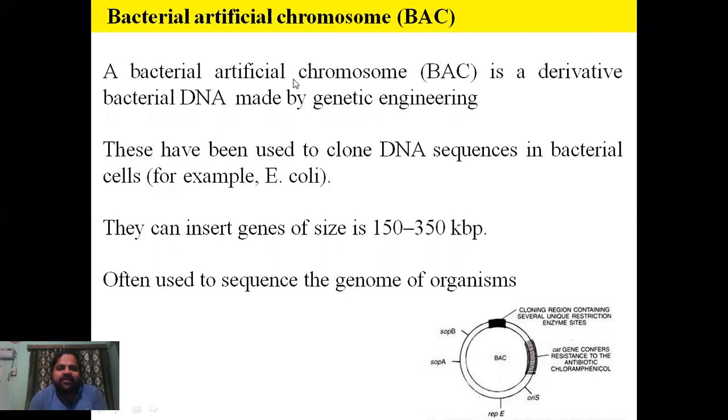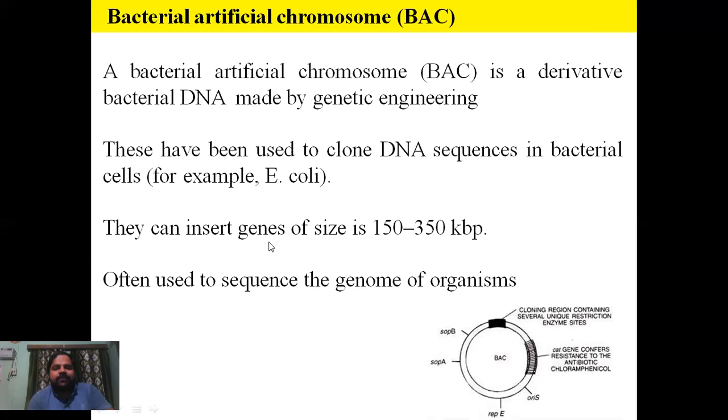Means by utilizing genetic engineering, the scientists have produced this bacterial artificial chromosome, and these have been used to clone DNA sequences in bacterial cells. Means we can introduce our gene of interest in E. coli or in some other bacteria.